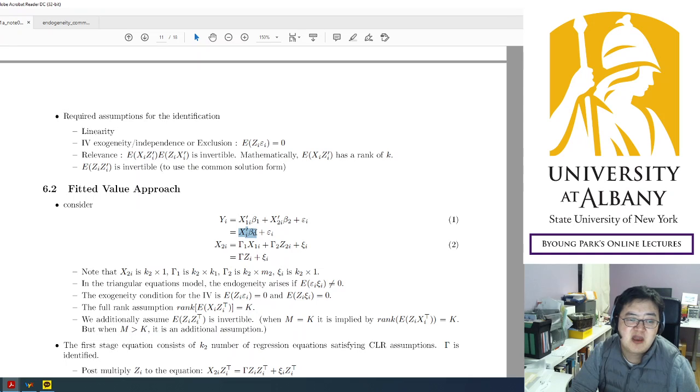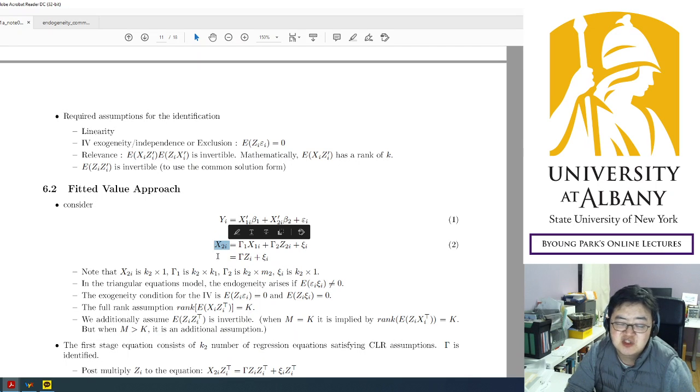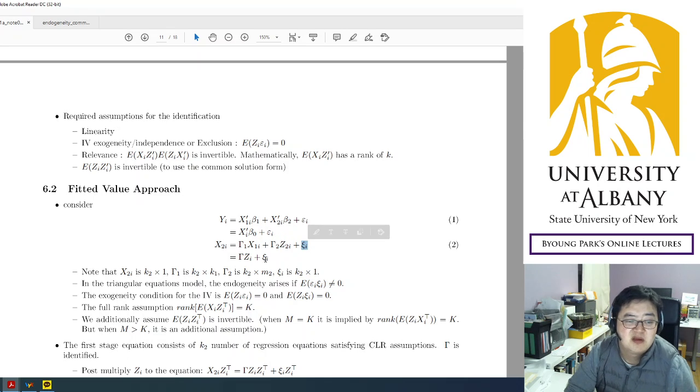And simply, we may just combine the two variables into simple x. The fitted value approach describes how x2 is generated. So x2 is endogenized by this additional equation. x2 is determined by exogenous variables, which are x1 and the instrument, plus another error, and you may simplify this.